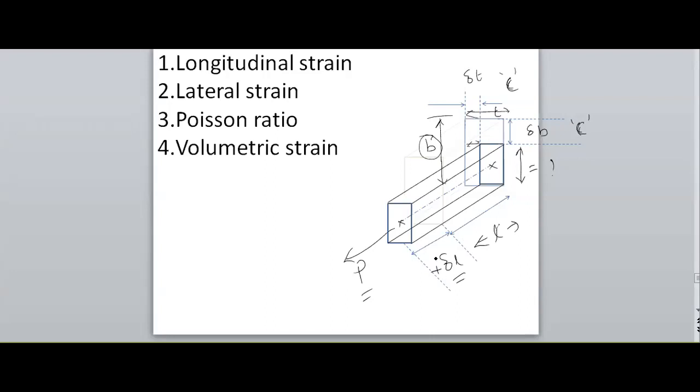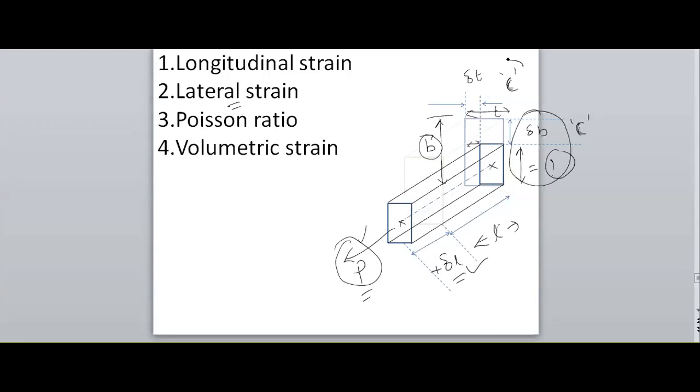Only along the line of action of the load, the dimension is increasing. Perpendicular to the line of action of the load, that is, the lateral directions, the dimensions are decreasing.